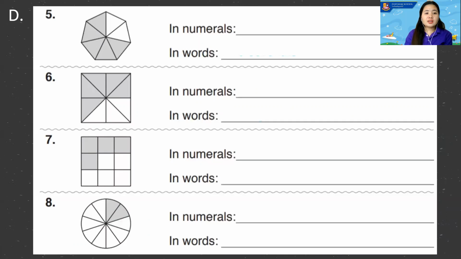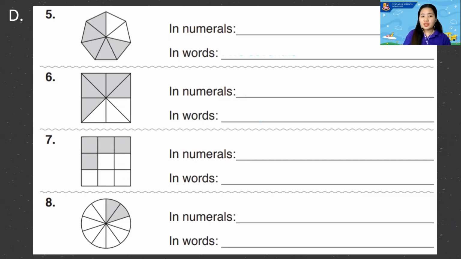Next, let's go to number 5. Here we count 1, 2, 3, 4, 5, 6, 7. Is that 7? Oh yes, that is a 7. Seven corners, so that means it is a heptagon. How many shaded parts are there? 1, 2, 3, 4, 5. So 5 shaded, that is the numerator.